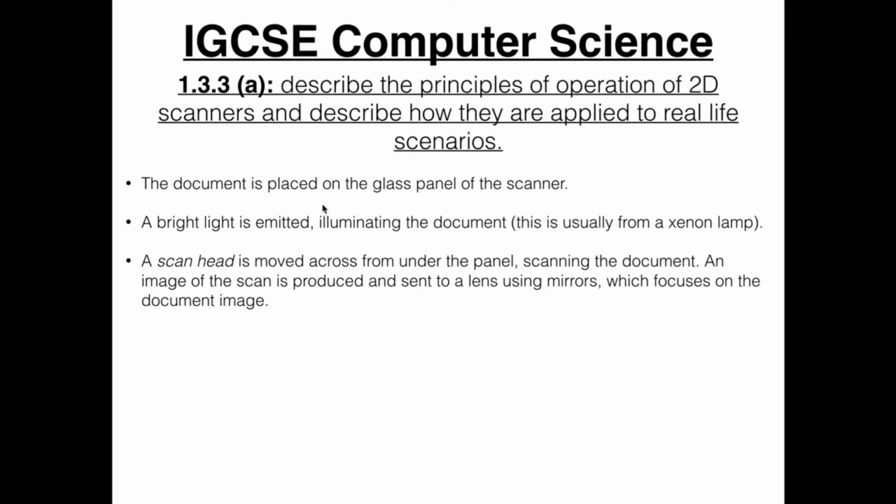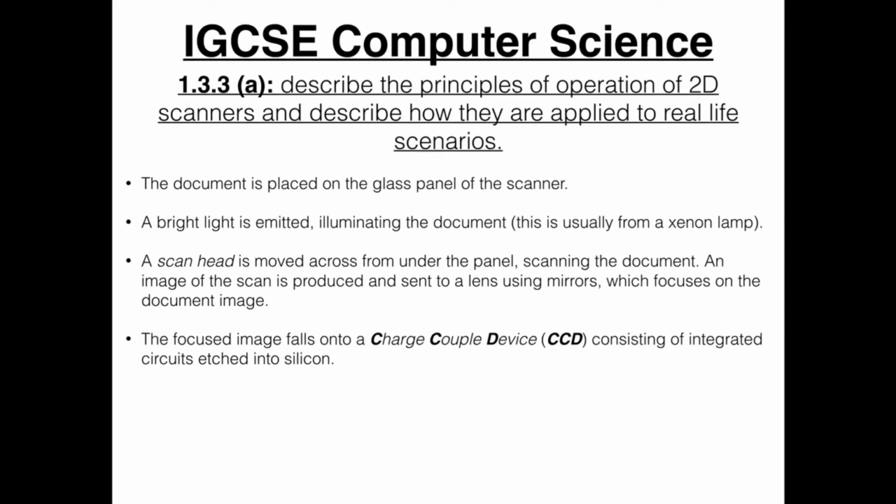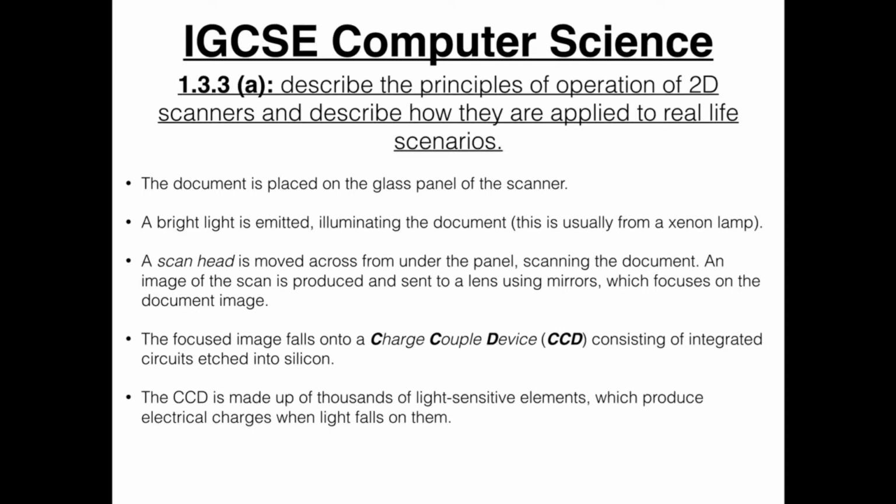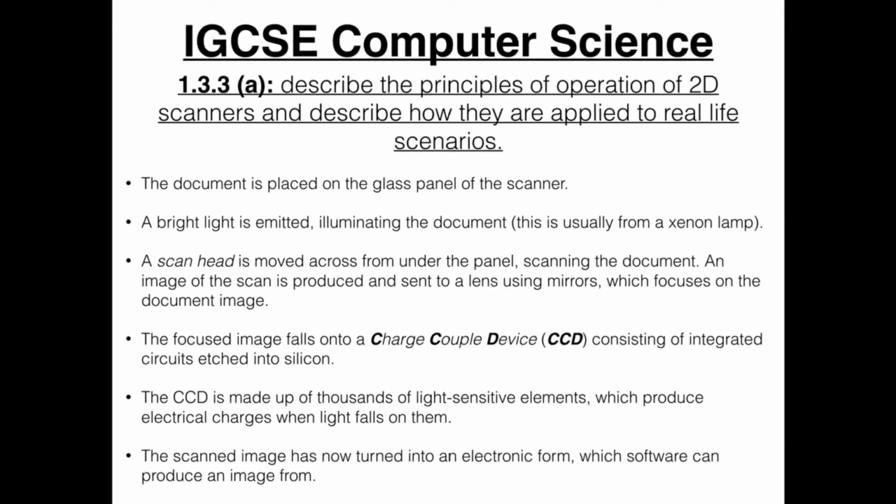That's the scan head, which is moved across. An image of the scan is produced and sent to a lens using mirrors, and the lens focuses on the document image. The focused image falls onto a CCD consisting of integrated circuits etched into silicon. The CCD is made up of thousands of light-sensitive elements, which produce electrical charges when light falls on them.